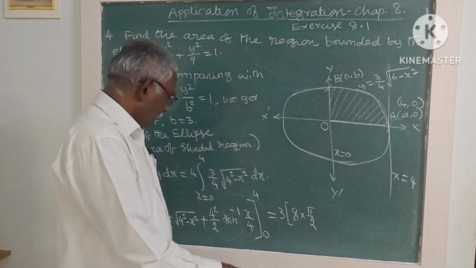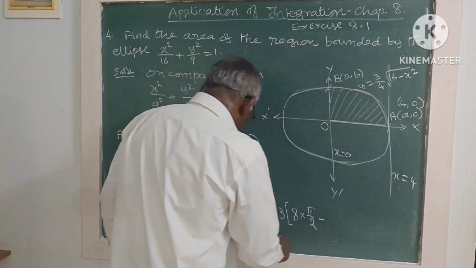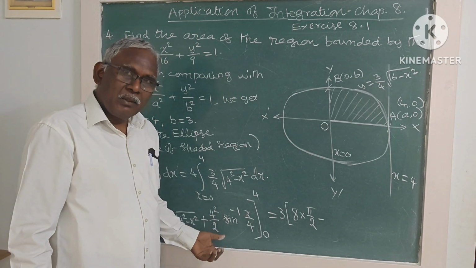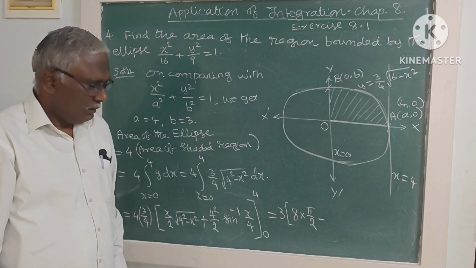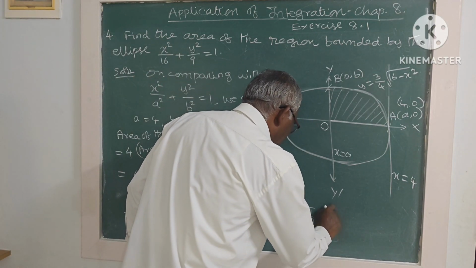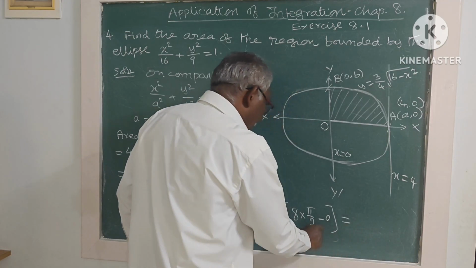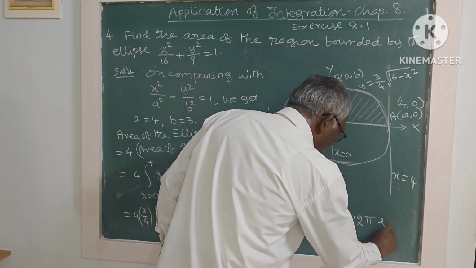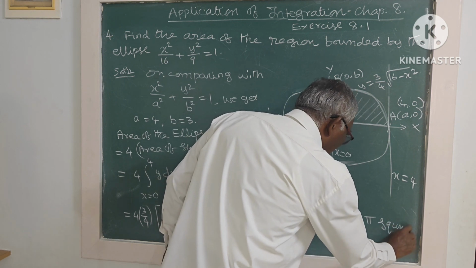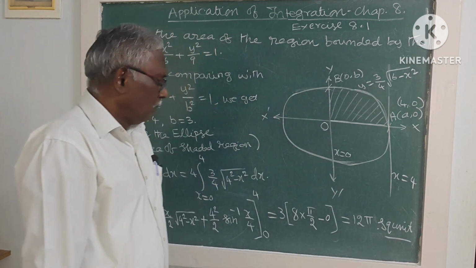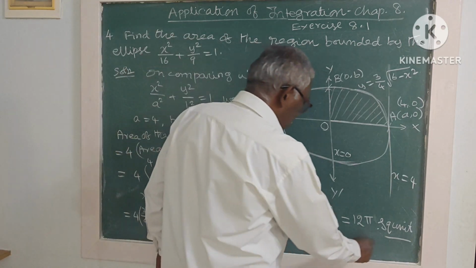So pi by 2 minus, when you substitute the lower limit x is 0, this becomes 0. Sine inverse 0 means 0 only will come. So this is equal to 12 pi square units. So this is the answer.